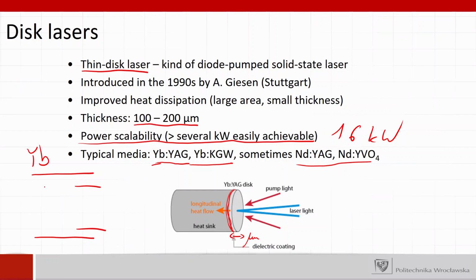So ytterbium is pumped at the wavelength of 976 nanometers and has the emission at the wavelength of, let's say, between 1030 and 1080 nanometers. So it has a quite broad emission bandwidth.